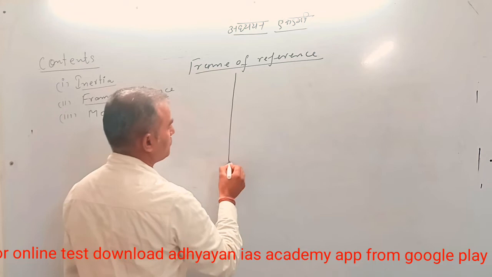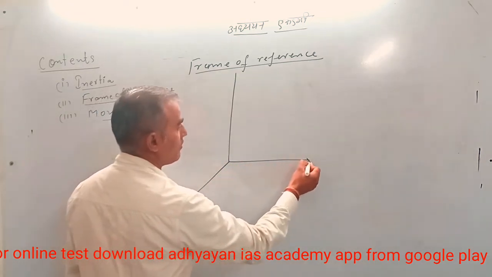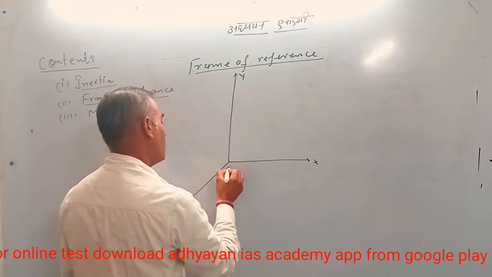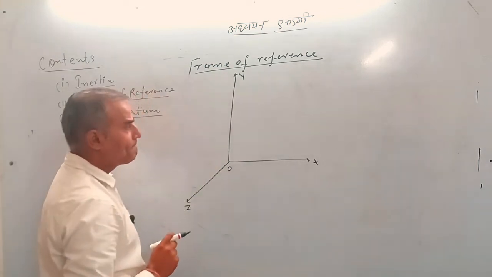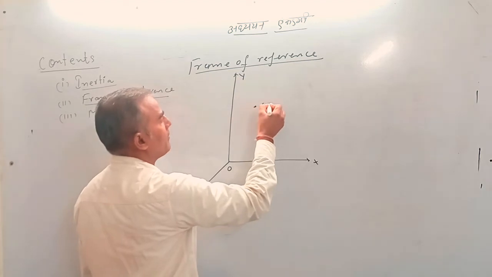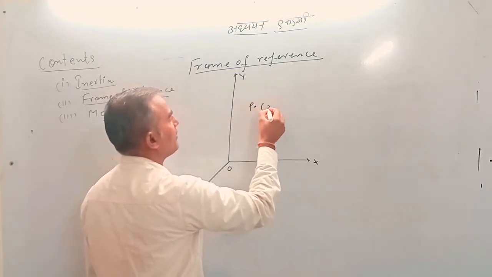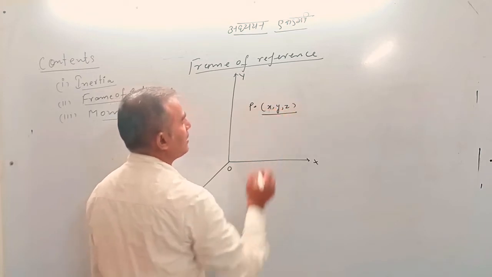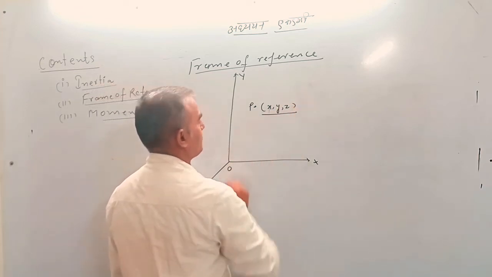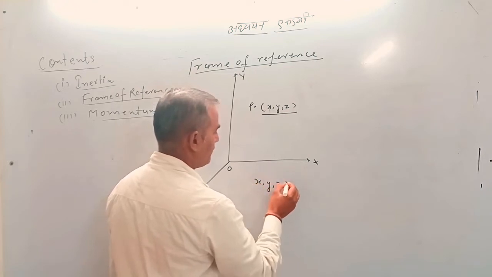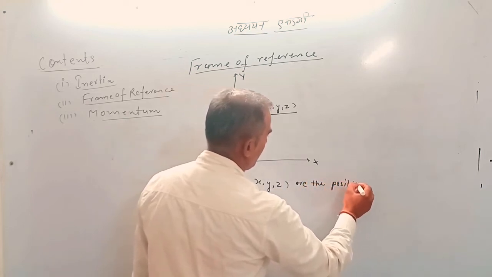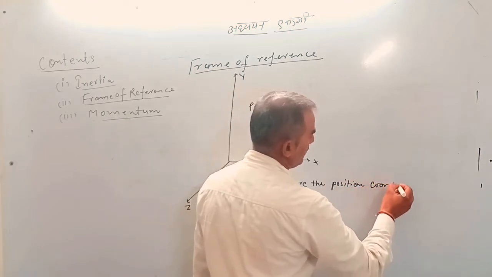This is a 3D coordinate system, X, Y, Z, O. Any 3D coordinate system represents the position P of a particle as X, Y, Z. So X, Y, Z are the position coordinates.